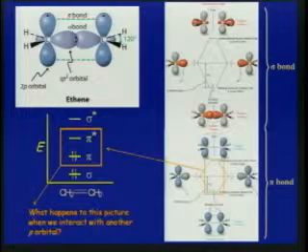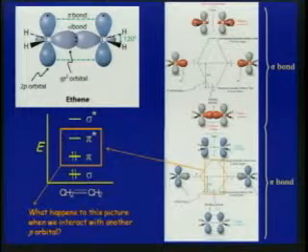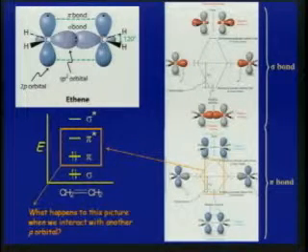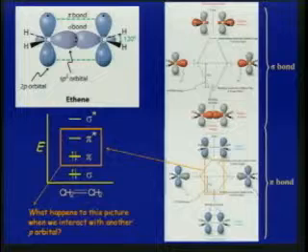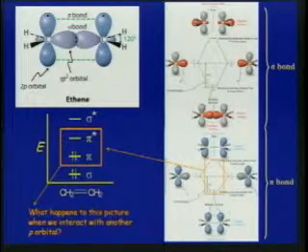Now the pi bond, you do exactly the same, but now you're just focusing on the energies of the p orbital. So here's the energy of this p orbital, this p orbital. One goes up, one goes down. Now the difference between the sigma bond and the pi bond is because the overlap is weaker for the pi bond, the energy splitting is less.